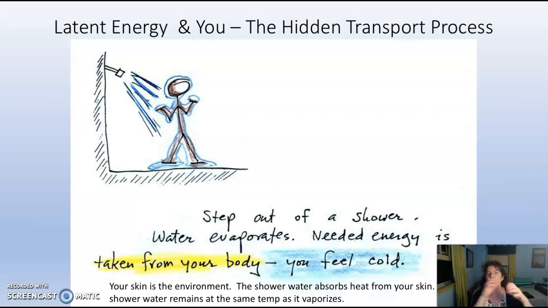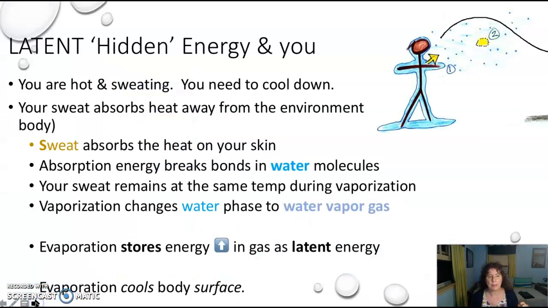So that sounds very similar to the boiling that did not change temperature as it vaporized. In addition to that, we can look at another example. You're hot and sweaty. It's just another way to put water droplets on your skin. And in the same way, the sweat will absorb the heat from your skin, making your skin have lower heat.